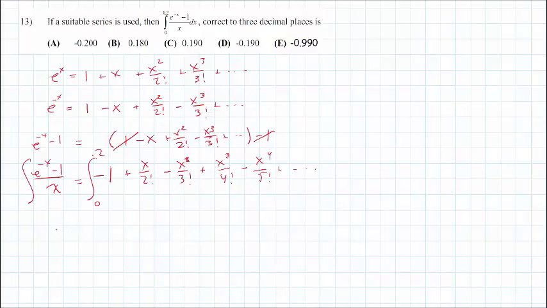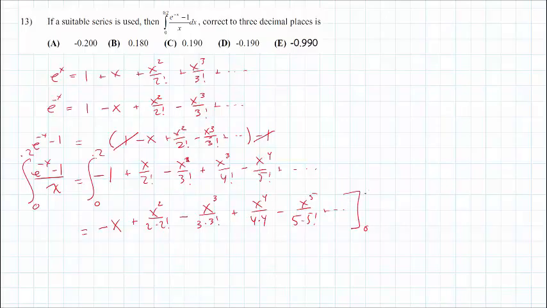If I do that, I'm going to end up getting negative x plus x squared, but down below I'll have an extra 2, and then x cubed, but down below an extra 3, plus x to the 4th, but down below an extra 4, minus x to the 5th, but down below 5, etc. This goes on forever, but we're going to evaluate this from 0 to 0.2.